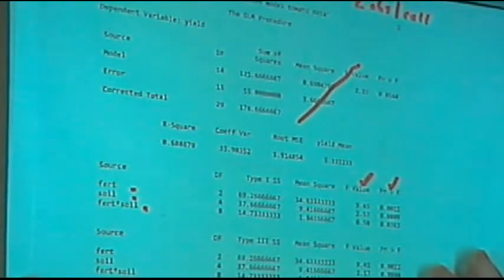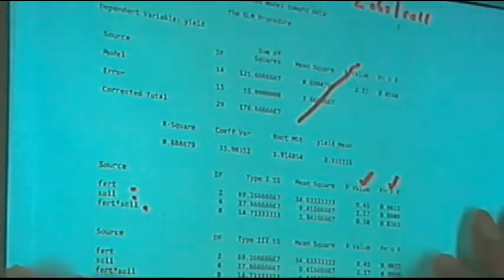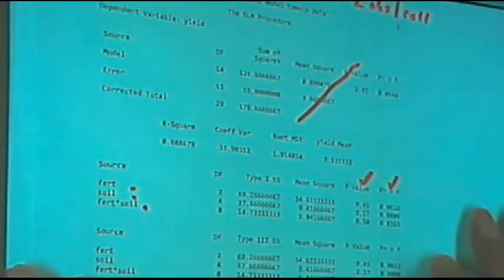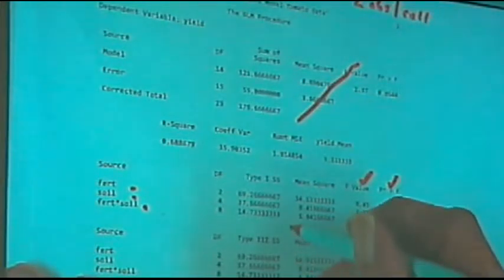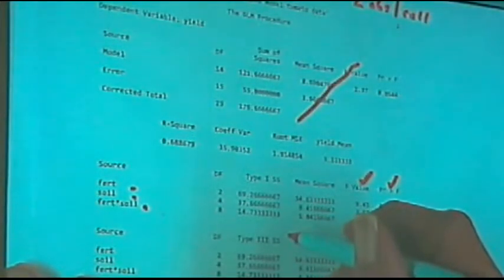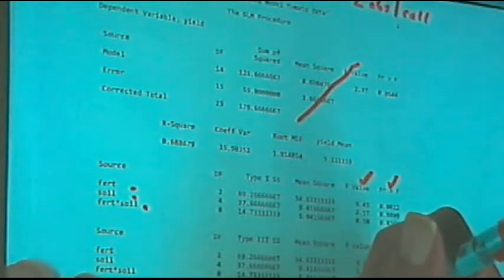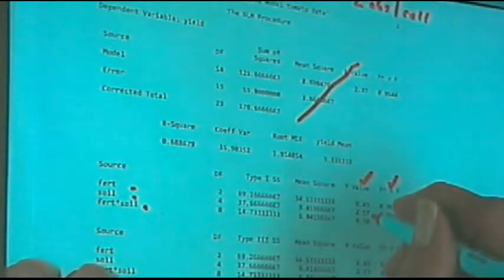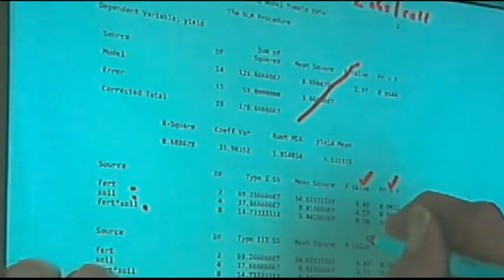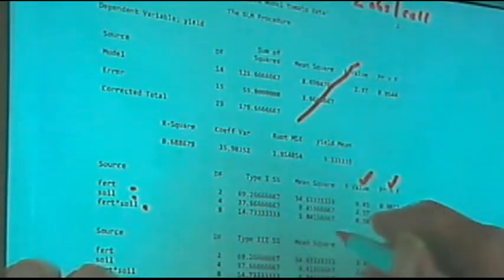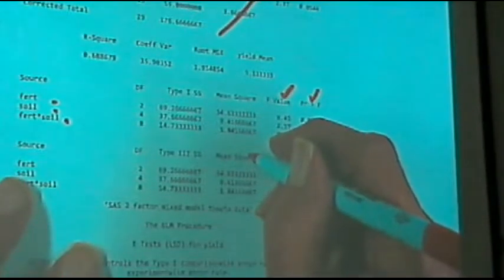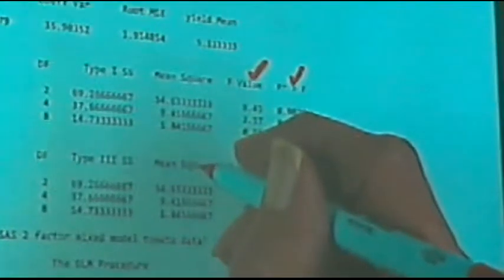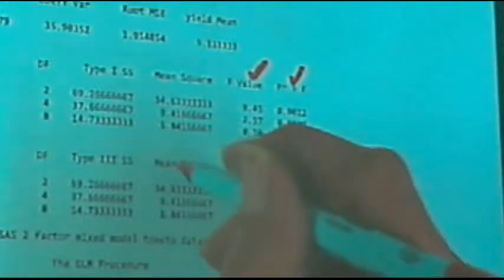All right. Now, what am I trying to look at here? I'm trying to look at what's the denominator in these F statistics. For the interaction, the general rule is always test interactions first, and then go on to test main effects after that. So I'm going to test the interaction first.